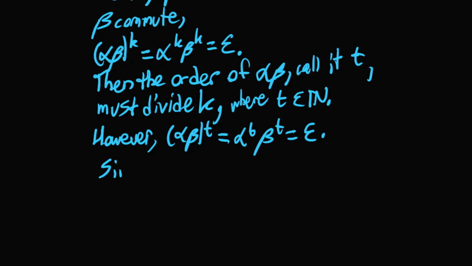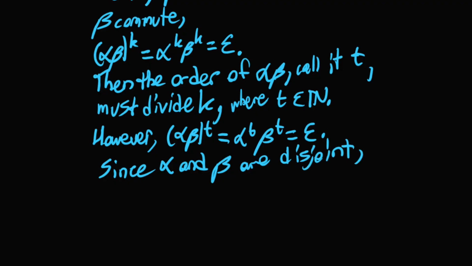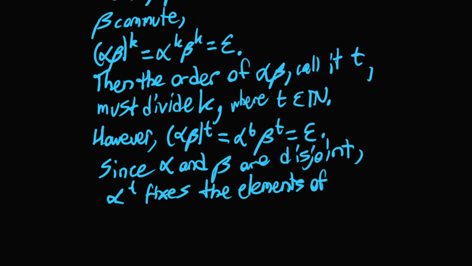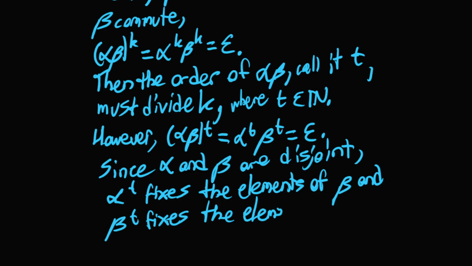So since alpha and beta are disjoint, alpha to the t fixes the elements of beta, and beta to the t fixes the elements of alpha.